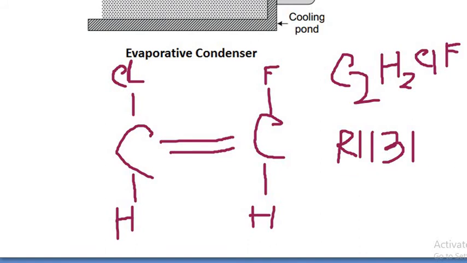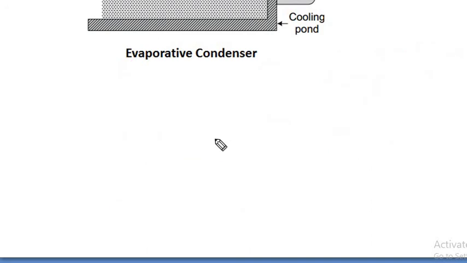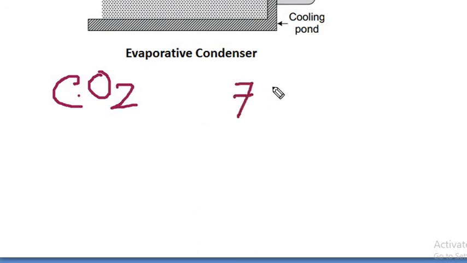If the compound is not a hydrocarbon, suppose we take a compound CO2. This is not a hydrocarbon because only carbon is there, no hydrogen inside the compound. So what can we write? First of all, for non-hydrocarbon groups, write 700 for the formula.